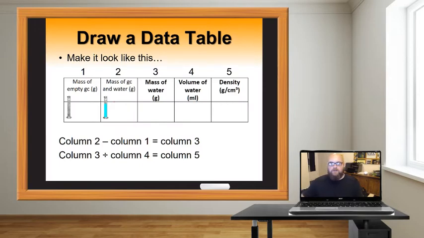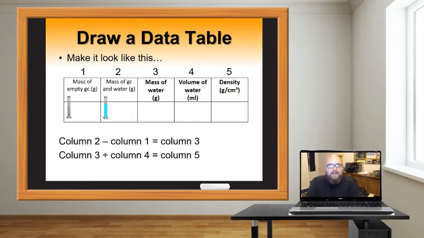So what I would like for you to do is, since your notes are on page 27 of your journal, on page 26 of your journal, I would like for you to copy down this data table. So, column 1, or first set of boxes, mass of an empty graduated cylinder. Column 2, mass of a graduated cylinder and water.